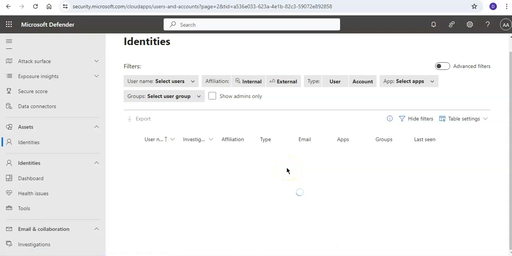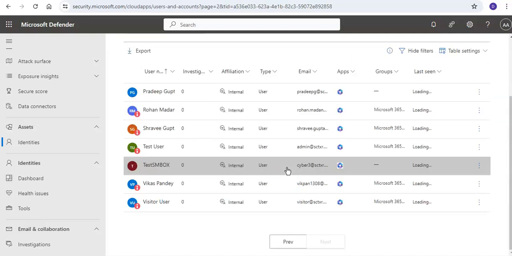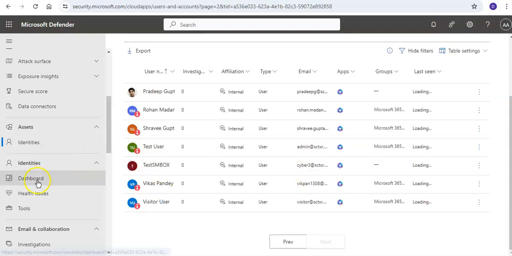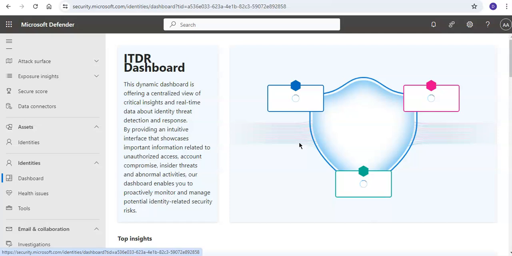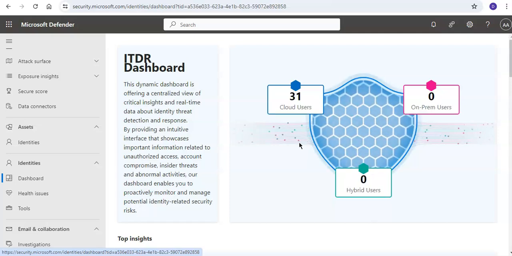This is the dev environment, and this is what you receive when you deploy the dev environment from Microsoft. And if you come under Identities and look at the dashboard, this is the ITDR dashboard, which is the identity threat detection and response solution.